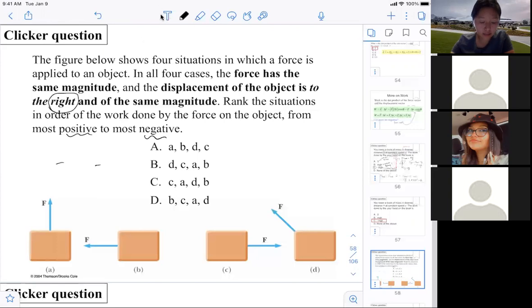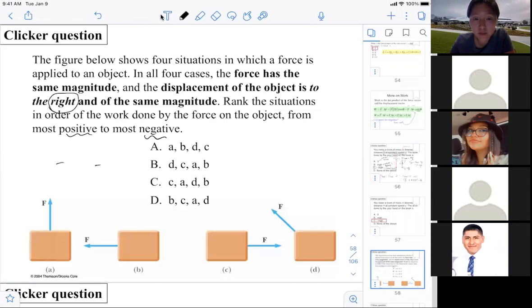And let's take a look at this together. We'll have a discussion. We may not be able to come up with the ranking right away, but can we tell for now which one would be the most positive? If the displacement is to the right, which one is the most positive?